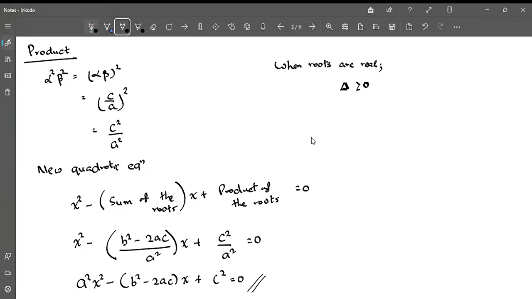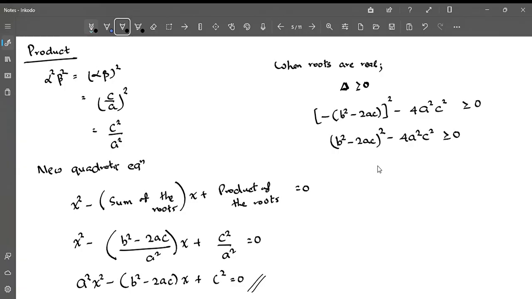In this case, the discriminant of this is b squared minus 2ac whole thing squared minus 4a squared c squared. This should be greater than or equal to 0.